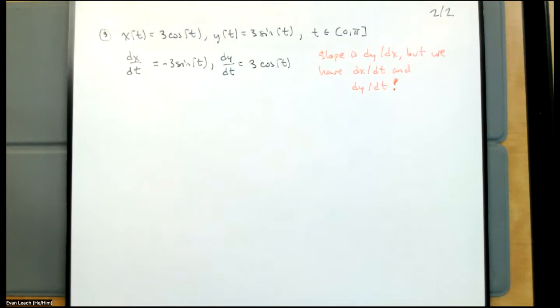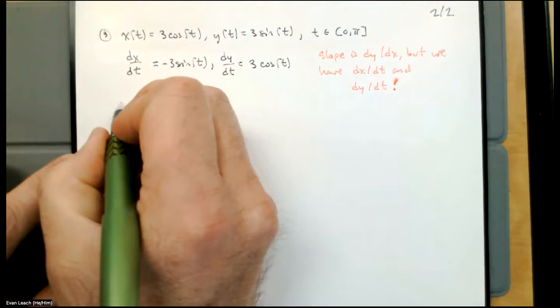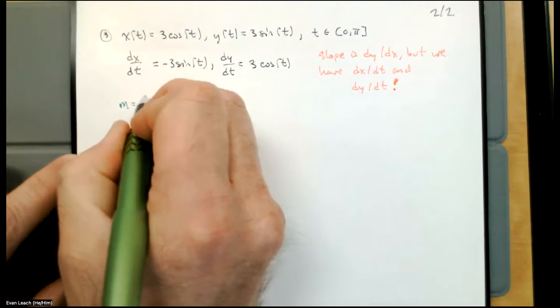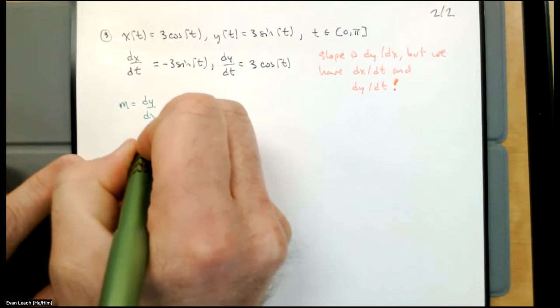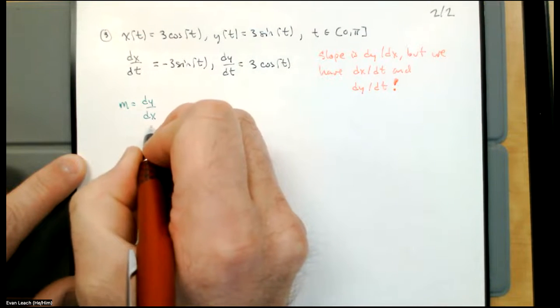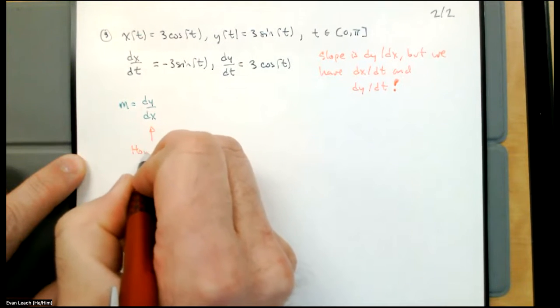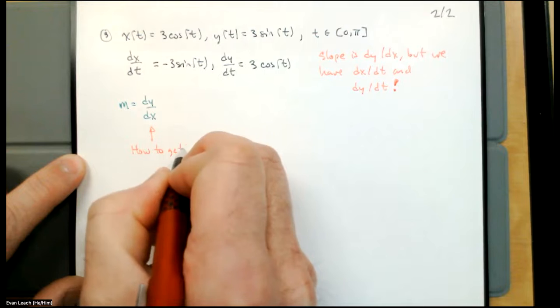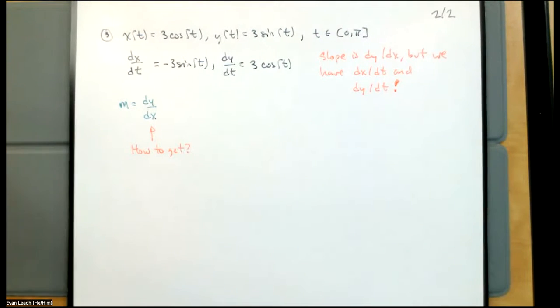We need to get the slope as dy over dx. How do we get that slope?